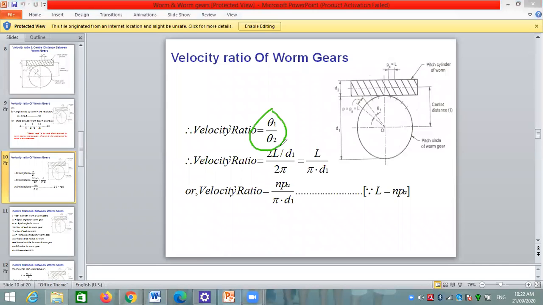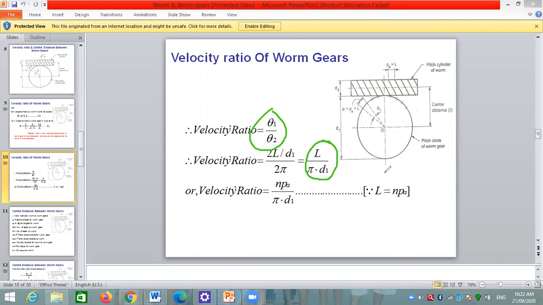We have theta 1 is equal to 2L divided by D1, and theta 2 is equal to 2 pi. Therefore, velocity ratio is equal to L upon pi into D1, where L is the lead and D1 is the diameter of the worm gear.